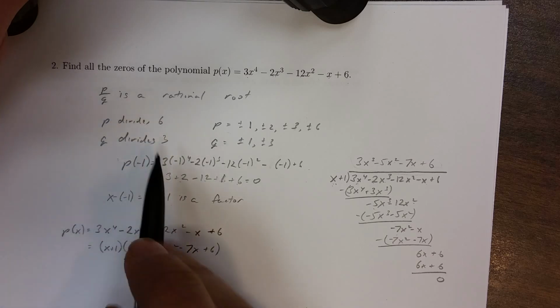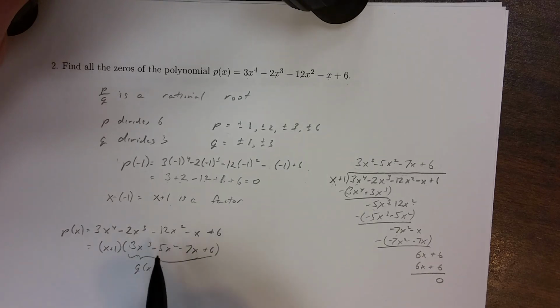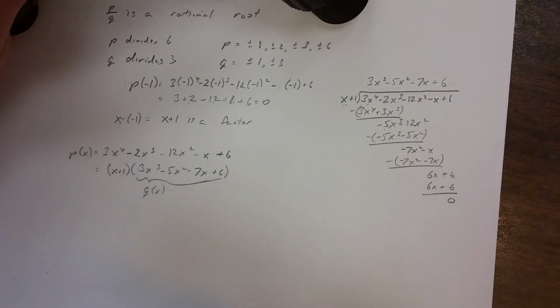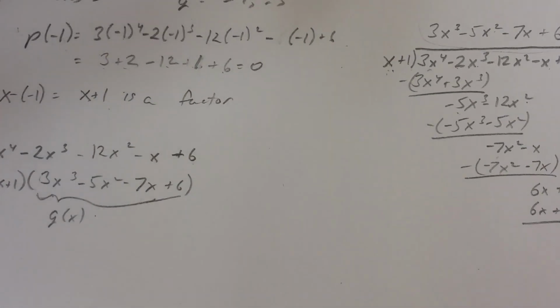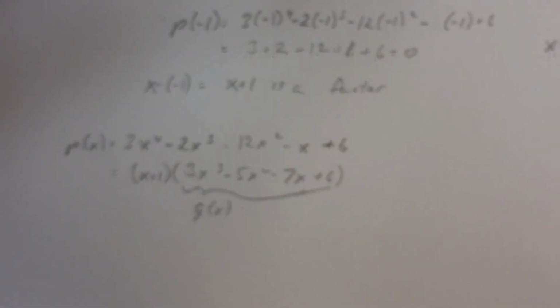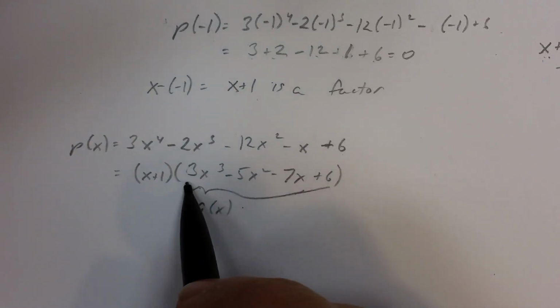Now again, if p over q is a rational 0 of all this, let's call the whole thing q of x. So if p over q is a rational 0 of q of x, then p divides 6 and q divides 3.